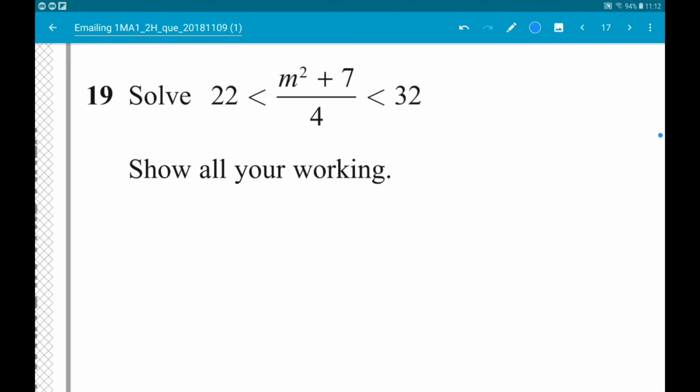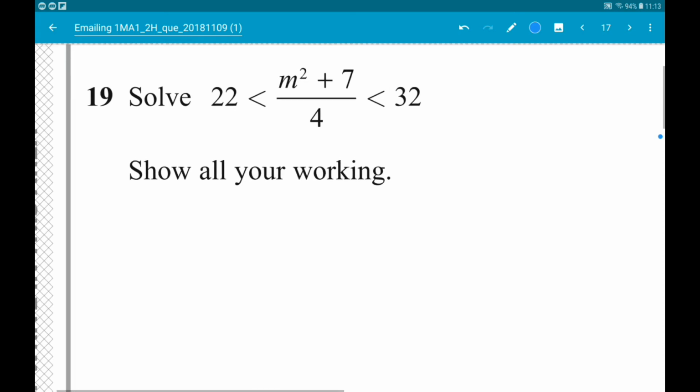Okay, number 19, we have quadratic inequalities on steroids. So, we want to solve m squared add 7 over 4 is greater than 22 and less than 32. Shall we work it? Alright then, we will. So, first thing we need to do is get m squared on its own in the middle.